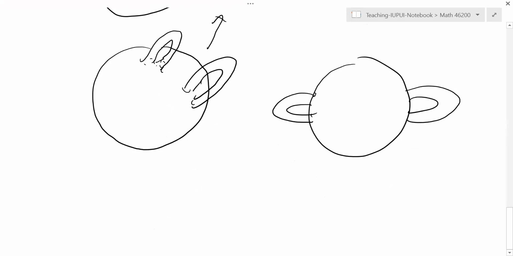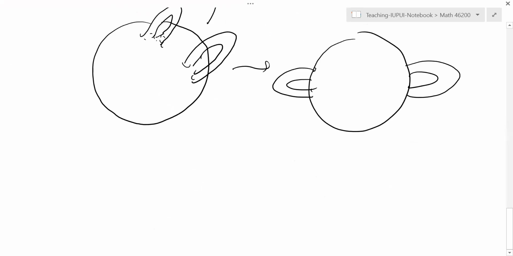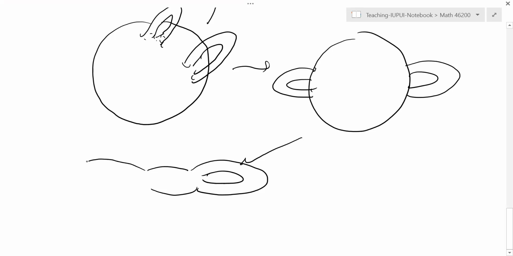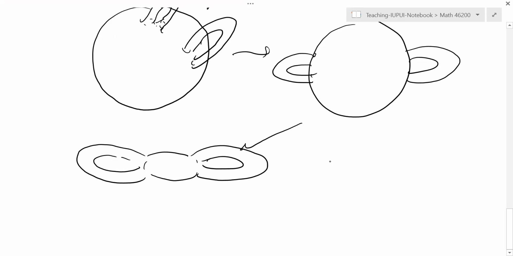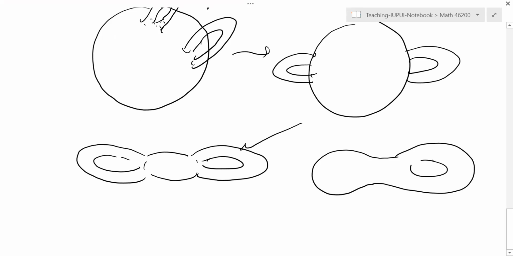Then I shrink the ball to a tiny one. This is my original ball, coming from here. Just shrink it. And then finally, you get this.